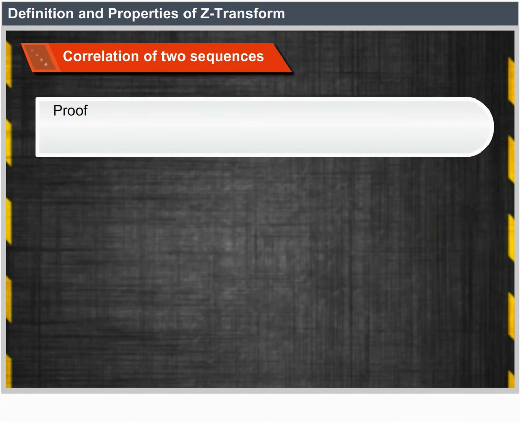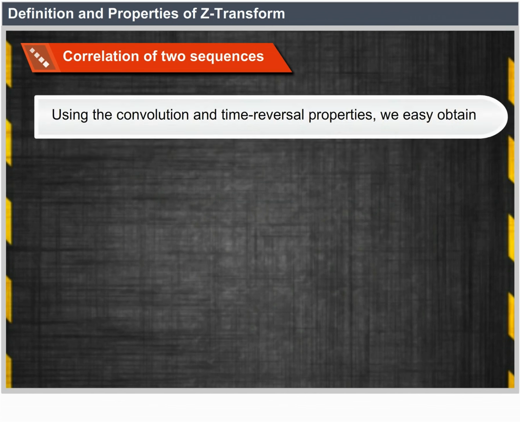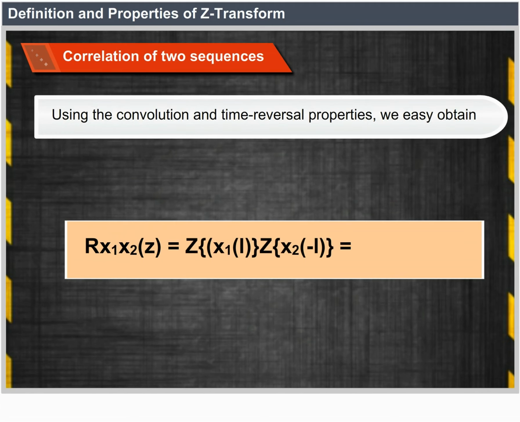r x1 x2 of l equal to x1 of l convolved with x2 of minus l. Using the convolution and time reversal properties, we easily obtain r x1 x2 of z equal to Z of x1 of l into Z of x2 of minus l, equal to X1 of z into X2 of z power minus 1.